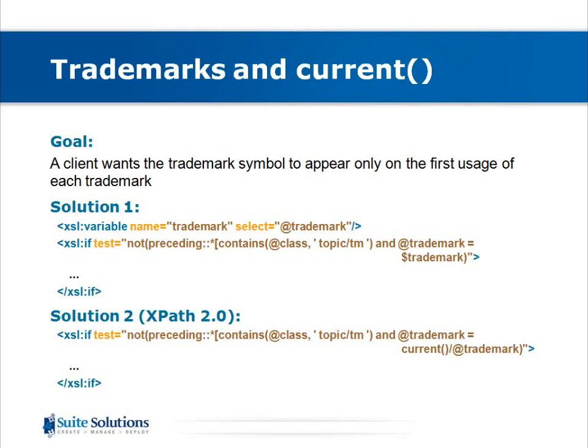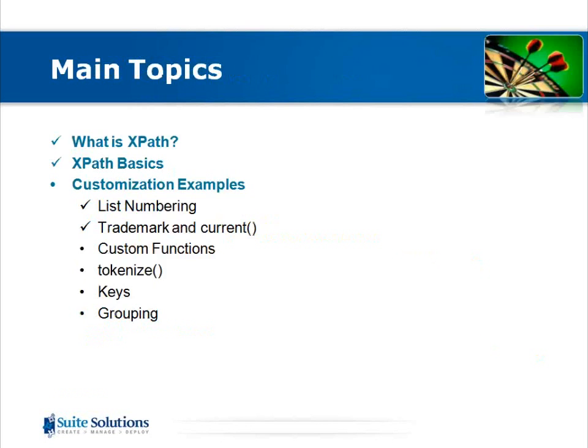Your variable may not always be right there on the line before. So this is really an easier way to refer to your current element's attributes. These are two ways to approach this problem. A little bit later on, we'll see another one that comes from the use of keys. That concludes our trademark example.